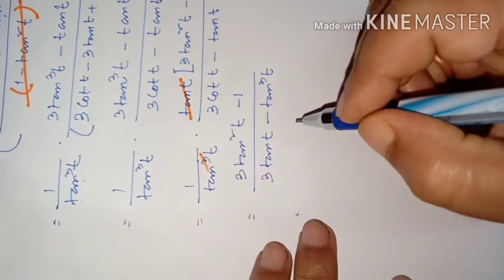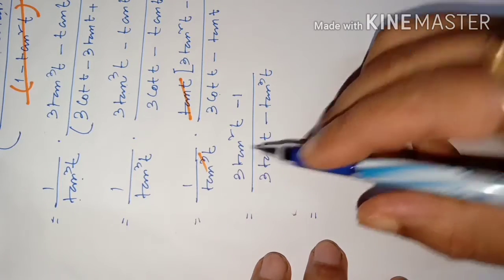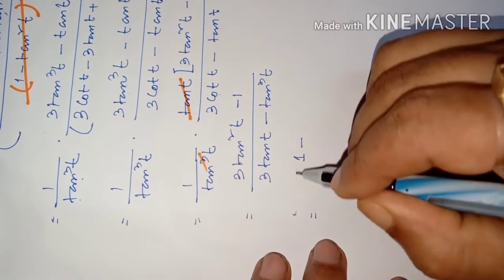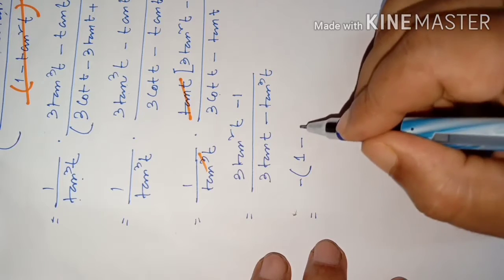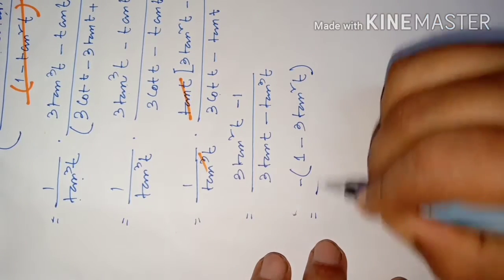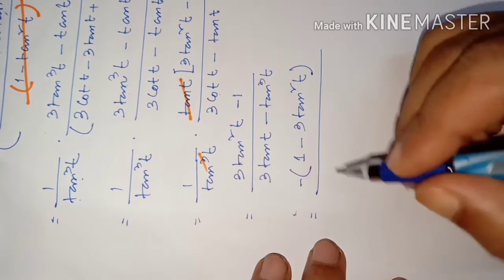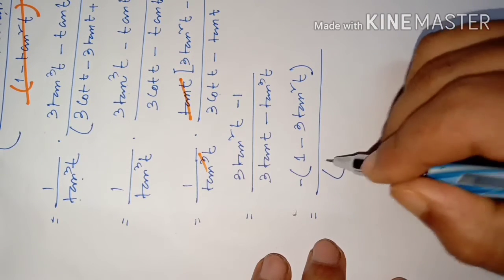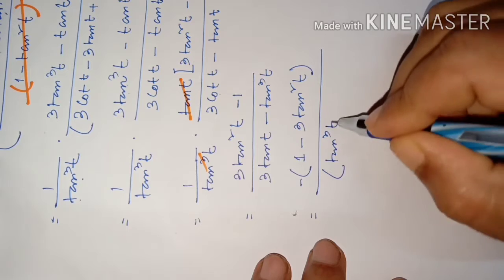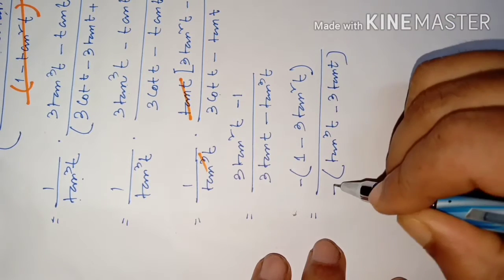So this whole thing can be written as, keeping minus sign common here, 1 minus 3 tan square t divided by, here also you can write minus common, then it will be tan cube t minus 3 tan t if you take the minus common.